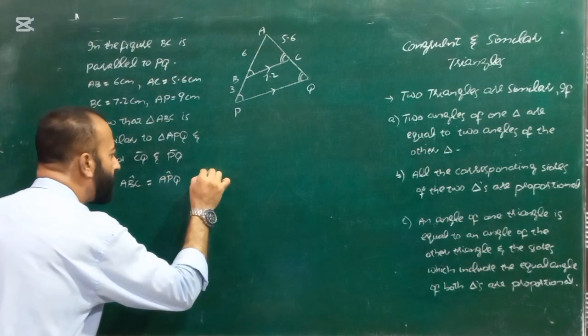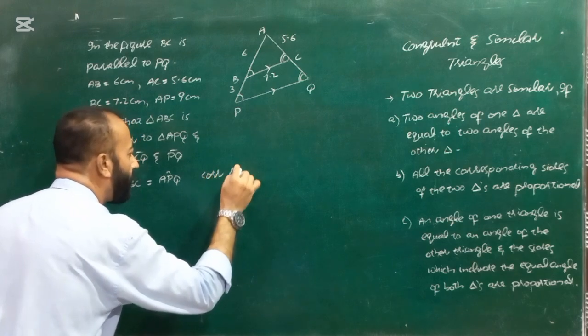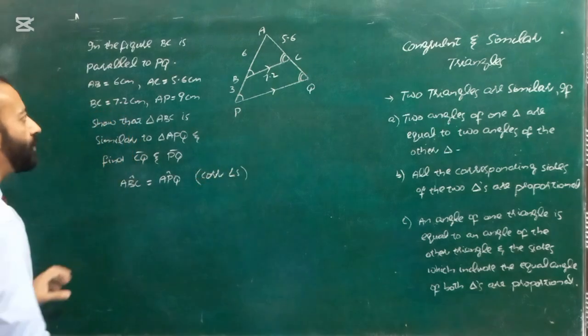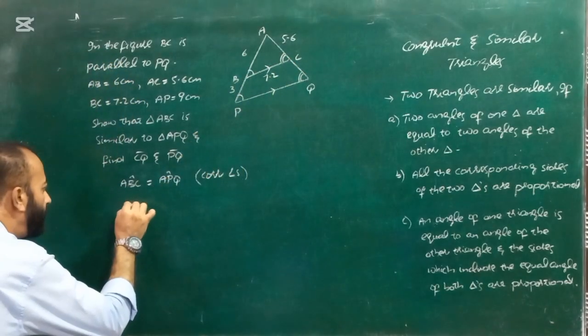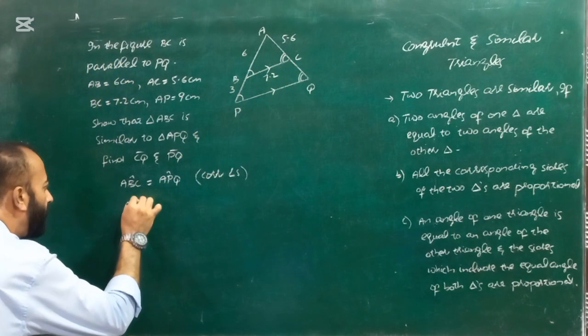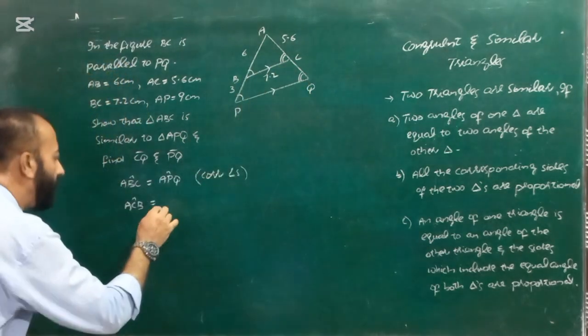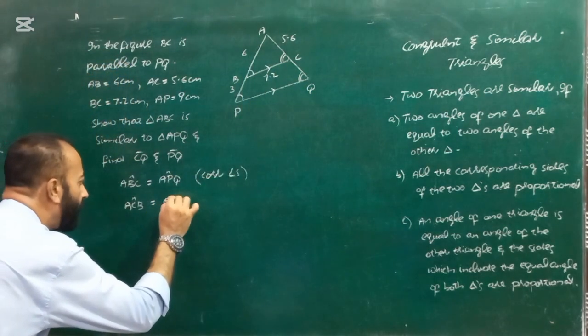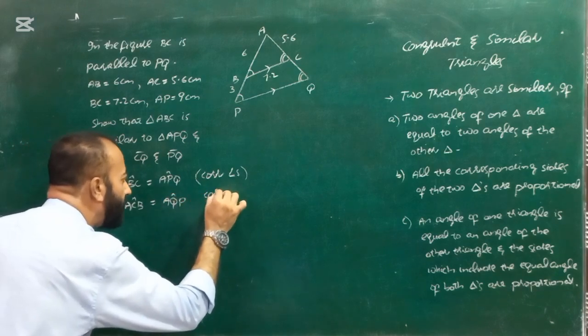The reason is corresponding angles. Also, ACB is equal to AQP. The reason is again corresponding angles.